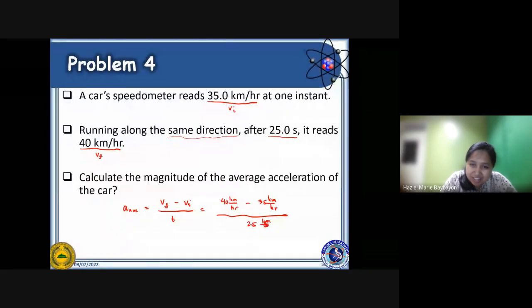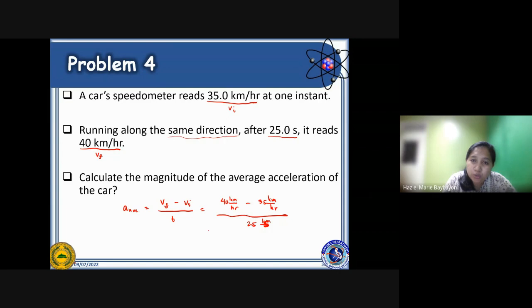seconds. Now, we need to convert units because our time is not consistent, no? The way we express time is not consistent. So we have hour here, and seconds here. Okay, so we need to convert this first.